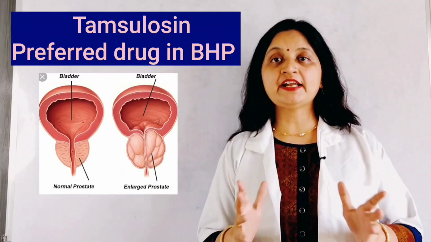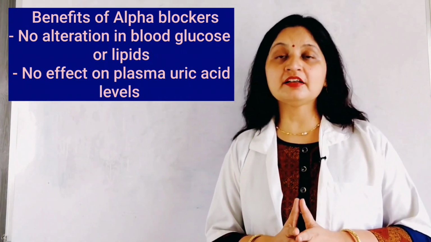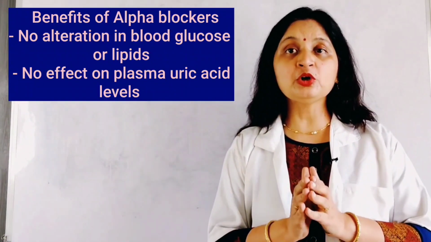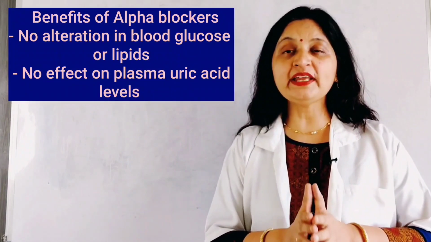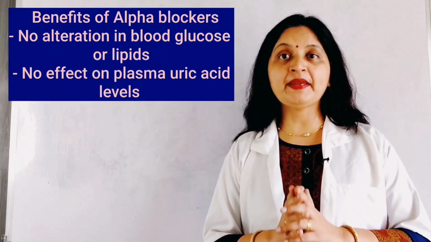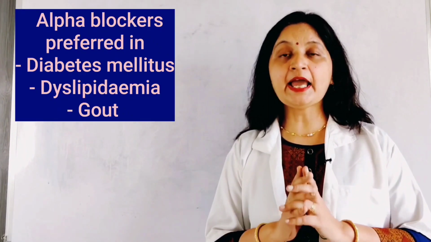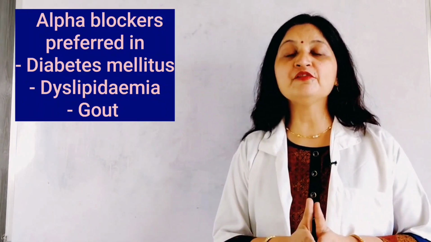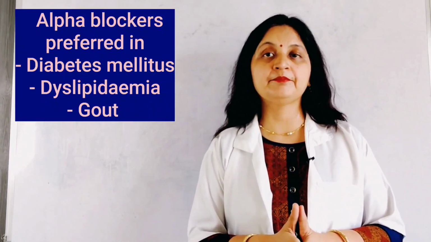Some of the additional benefits of these drugs are they have a favorable lipid profile, they do not influence the blood glucose level or plasma uric acid level. Therefore, they are preferred for the treatment of a patient with diabetes, hyperlipidemia and a patient with gout because there is no influence on the uric acid level.